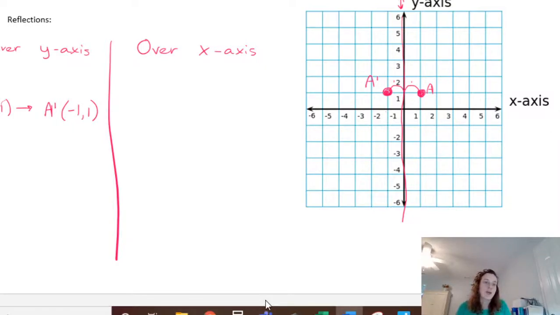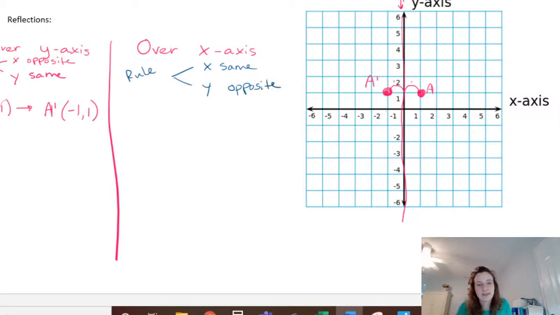So if you reflect over the y-axis, then the rule is that your x value is the opposite, and the y value stayed the same. And it's going to be very similar over the x-axis, except your rule this time will be that the x value stays the same and the y value is the opposite.